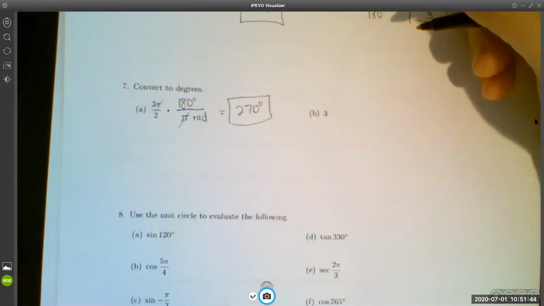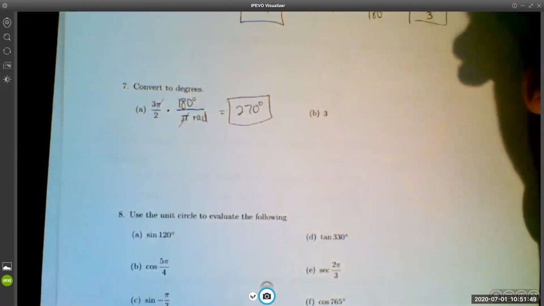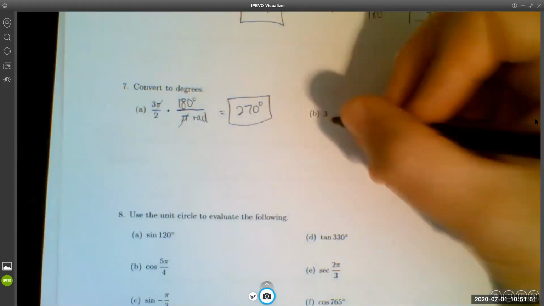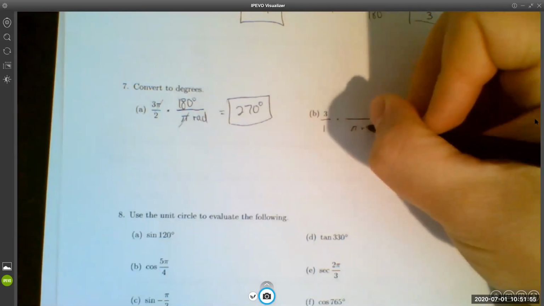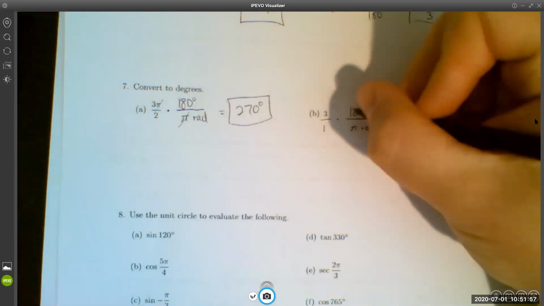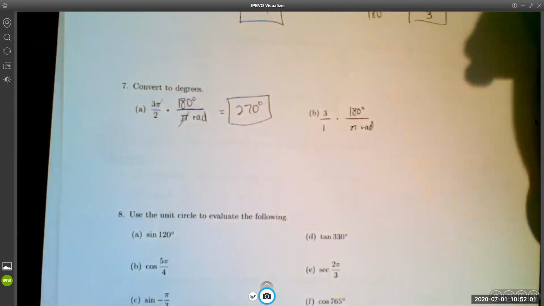For 3, this is not 3 degrees, right? It's just 3, which means it's 3 radians. And so to convert this to degrees, we're going to put radians in the denominator, and we're going to put degrees in the numerator. This time, no pi's cancel or anything like that.